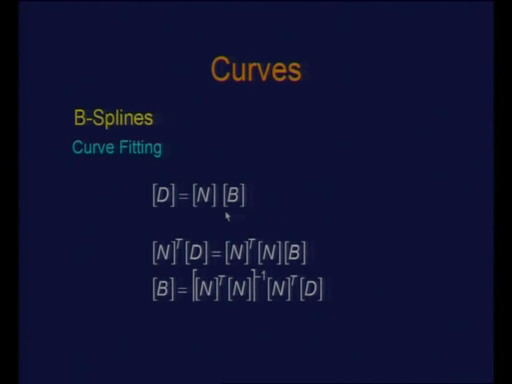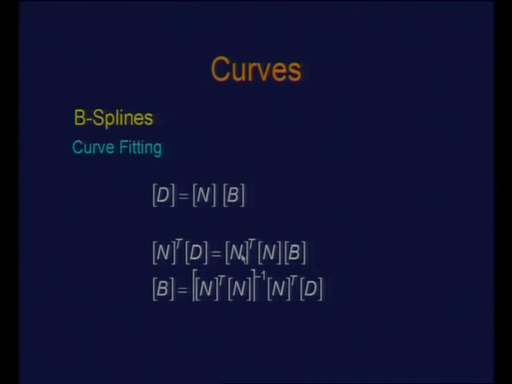Now, in order to solve for this B, I can multiply with the transpose of N on both sides, which gives me N transpose D equals N transpose multiplied by N and B. Now, I can actually take the inverse of this.